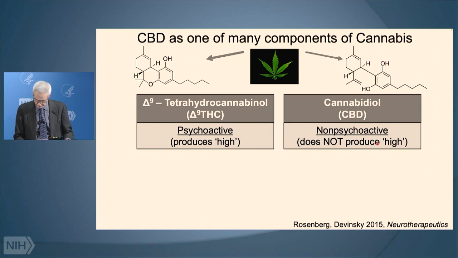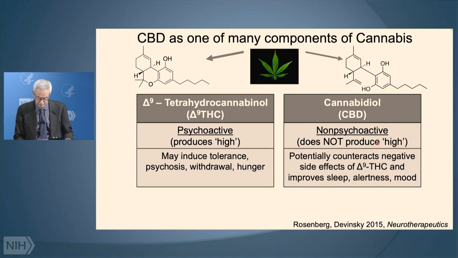And that's an important thing for its use as a medicine. THC, as a number of people are studying, can have a number of different effects, including increasing hunger. Whereas, on the other hand, cannabidiol can sometimes counteract these negative side effects of delta-9.